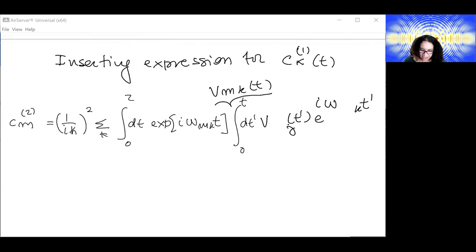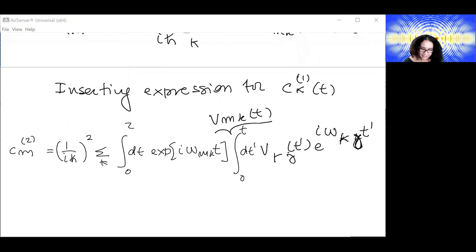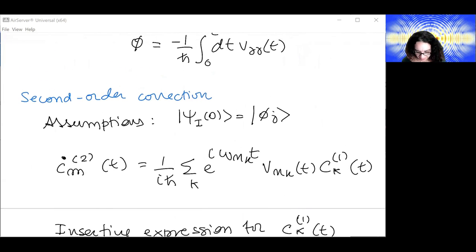So this is from J to K. So here I have K, J, and here I have from K to M, and I sum over K. So this got a bit messed up, so maybe I should do it a bit slowly.